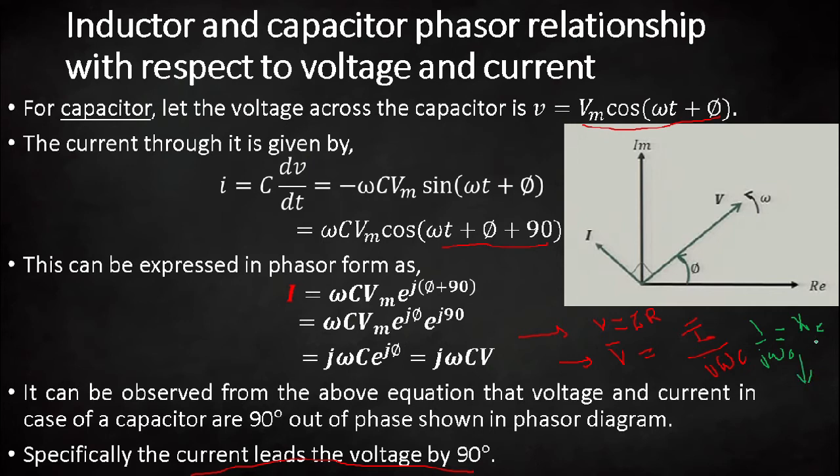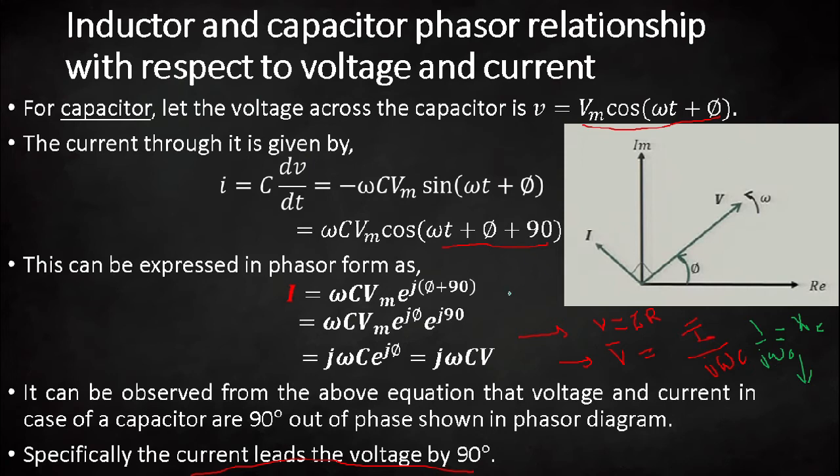It is nothing but your capacitive reactance. So if you equate both equations, you know that V is equal to I R. In that case, the value of X is 1 upon j omega C, that is the capacitive reactance.